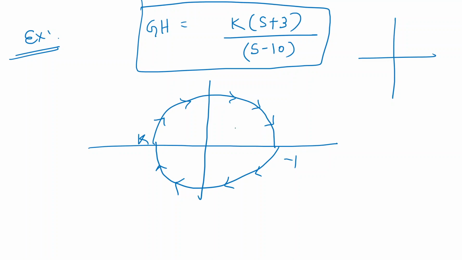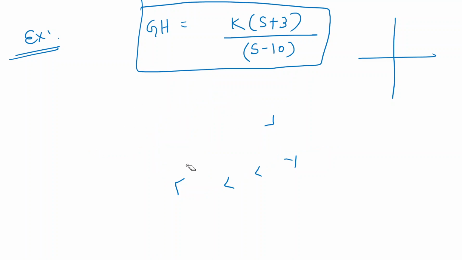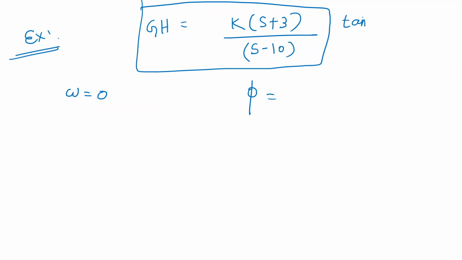Then how will you solve this question? Let me solve it for you, otherwise you'll be confused. At omega equal to 0, the shortcut we have been applying is not applicable. So what you need to do is find the phase of this plot. First tell me, for the numerator, what is the phase?